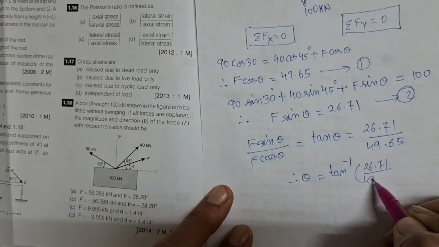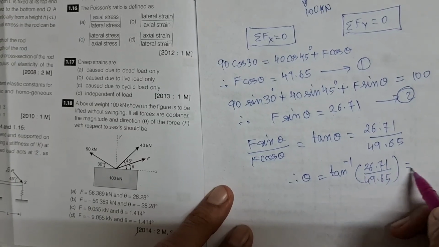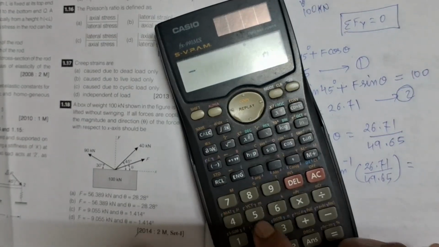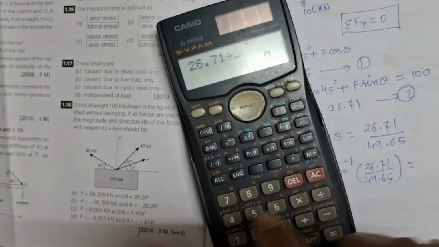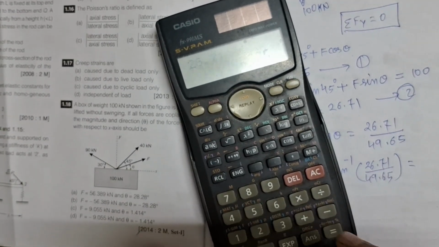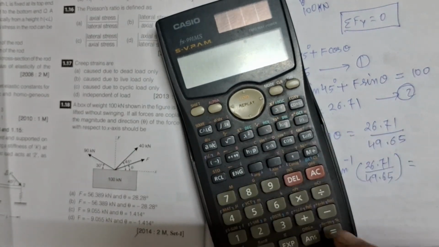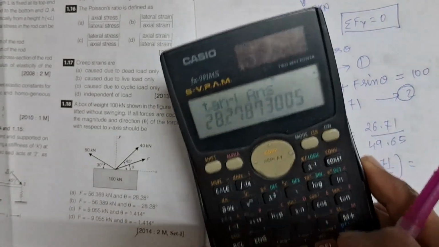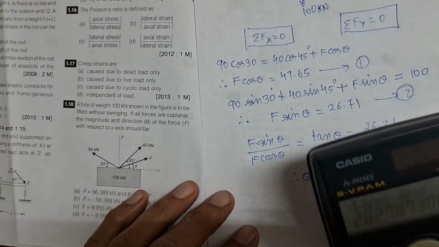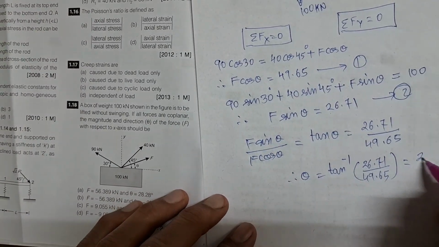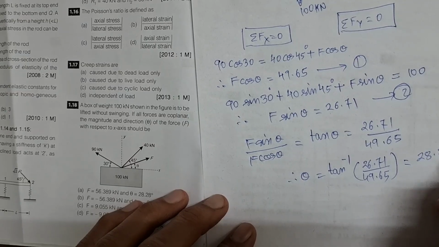Tan inverse of the answer gives 28.278, which means 28.28. Theta we are getting is 28.28 degrees.